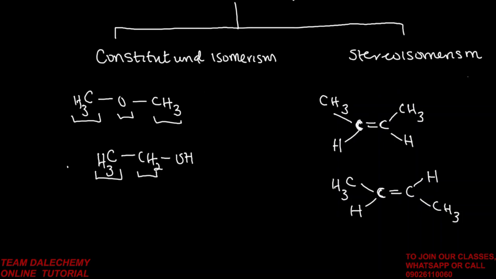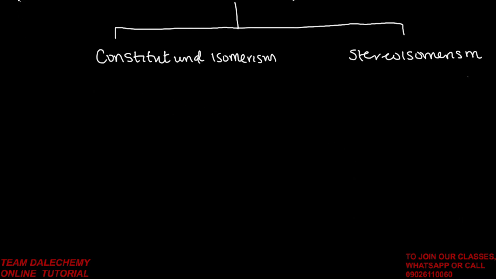Constitutional isomerism also has types. The first one is chain isomerism. From the word chain, it means that the isomers will have the same functional group, but the only difference is that they won't have the same chain length.